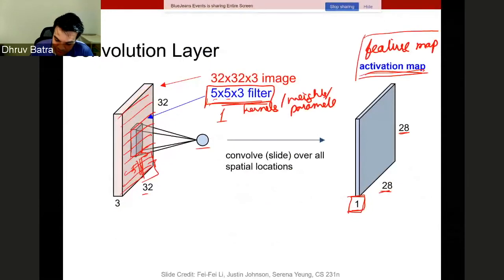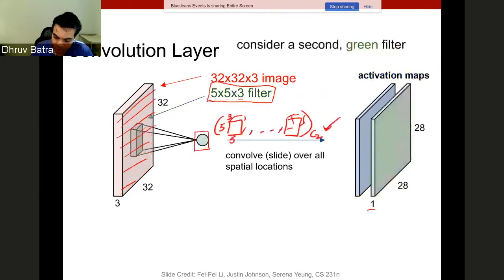This three-dimensional object is called a kernel or a filter or weights or parameters in a convolutional layer. And what we will produce as output is an activation map or a feature map, which has channel dimension equal to the number of filters. So if we have multiple such three-dimensional objects, we will end up with multiple such channels.